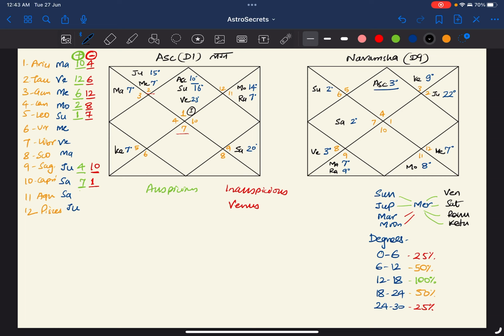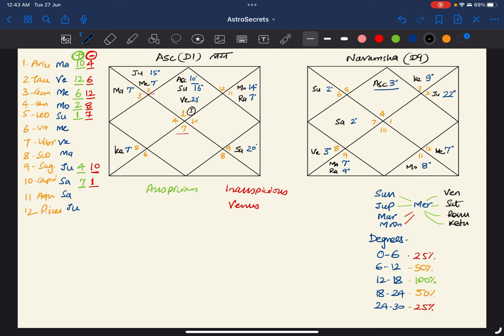Houses are written in Roman letters, please keep in mind, 1 to 12, and houses are always fixed. In this particular case, against first you have one written, right? One corresponds to Aries. Aries means the lord of this ascendant chart is Mars. It is driven by Mars.